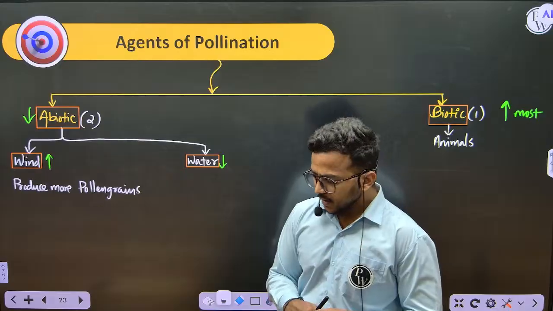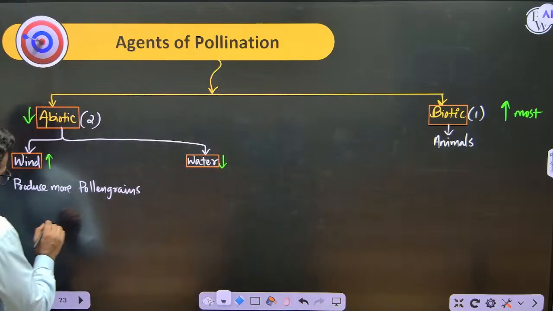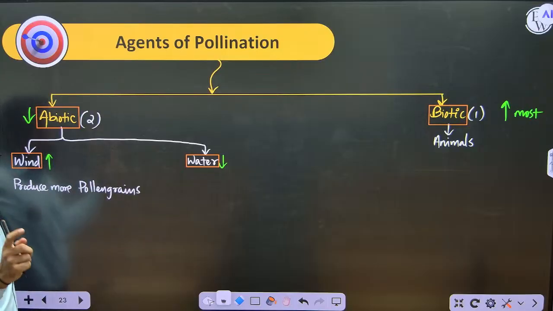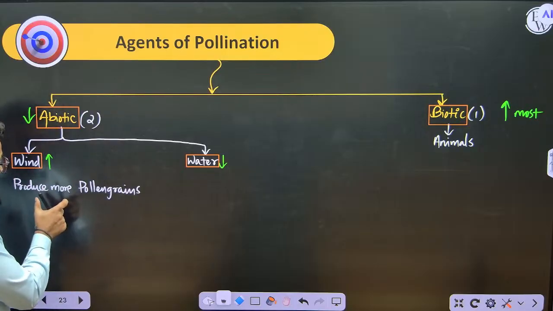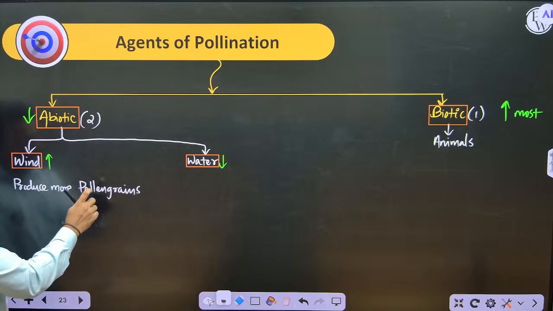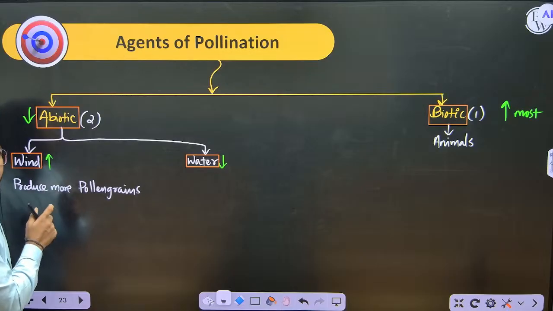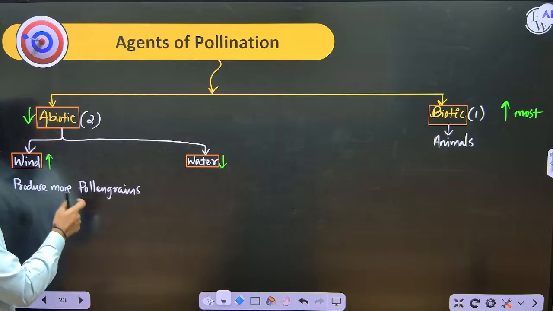Okay. And this is very important, they asked it in PYQ. We know that wind pollinated plants produce more pollen grains.